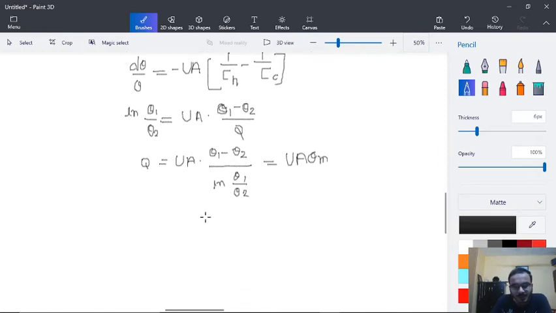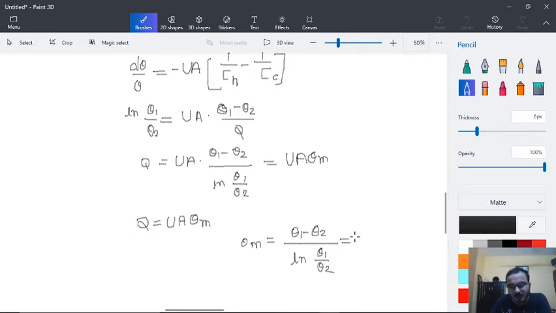So here finally we are getting q is equal to ua theta m, with theta m being equal to theta 1 minus theta 2 upon ln theta 1 over theta 2.